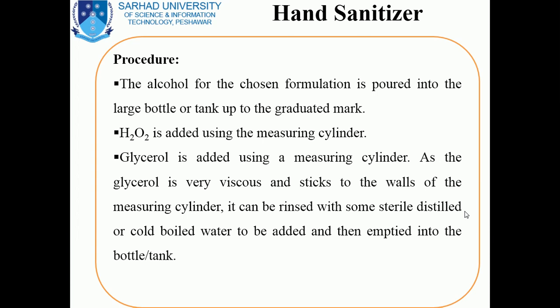The first 3 steps: selected alcohol in the graduated cylinder, then we will take hydrogen peroxide and glycerol, but remember that glycerol will also be rinsed with the water, that is either sterile distilled water or cold boiled water, because glycerol is very viscous.